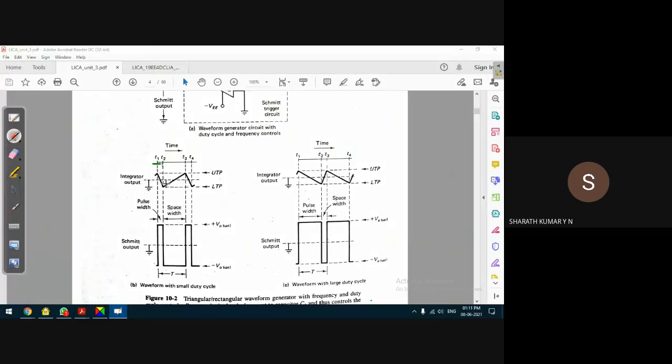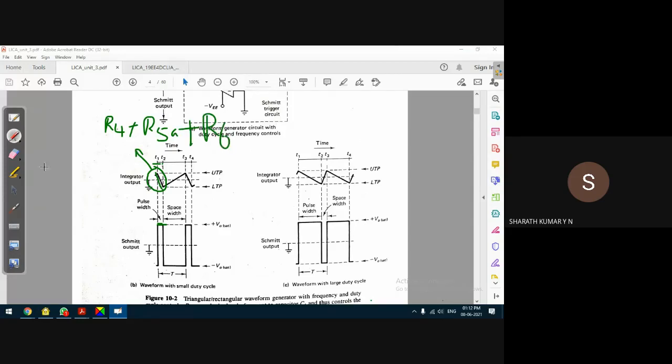From T1 to T2, when the output of the Schmitt trigger circuit is positive, the integrator output goes from positive to negative. For T1 to T2, the resistors which are responsible are R4 plus R5A plus R6.